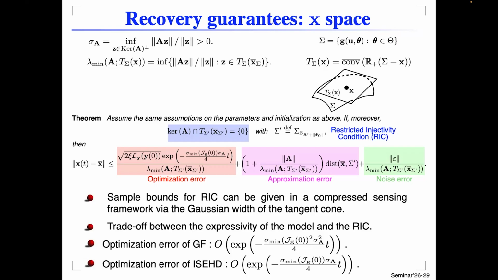When you accelerate, you go from sigma A squared to this one, and we can prove that this is optimal. You cannot improve this one. Here you have the conditioning, and here you have the square root of the conditioning. We can improve the gradient flow. You can do it for a subclass of functions, with conjugate gradient, whatever you want, or you have to modify the algorithm. But yes, you can improve it.